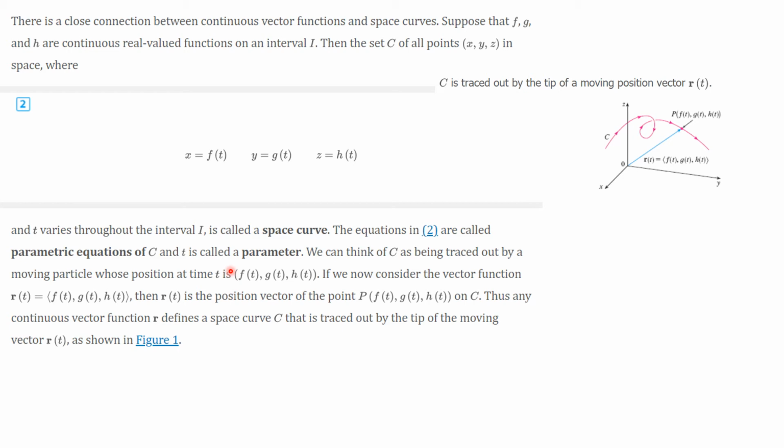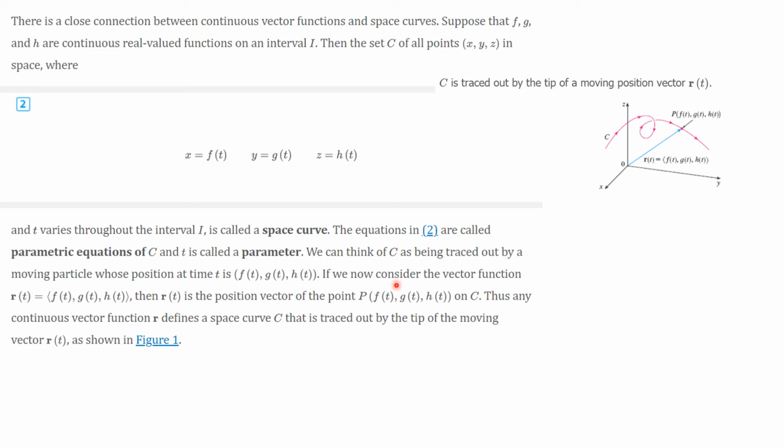We can think of C as being traced out by a moving particle whose position at time t is f of t, g of t, h of t. Now that means it does have an orientation, and you discussed this a little bit in Calc 2. So it starts somewhere and can end somewhere.